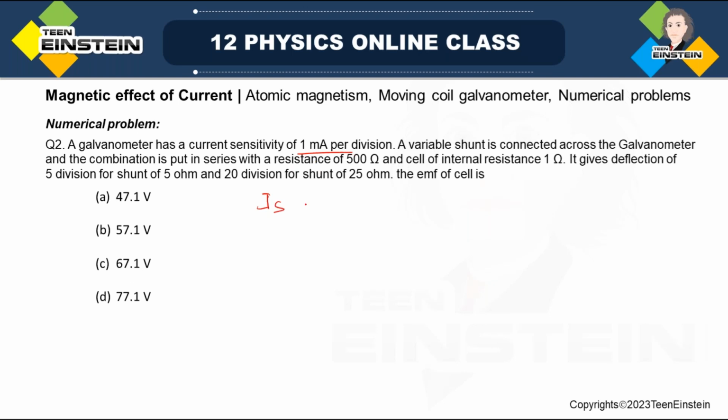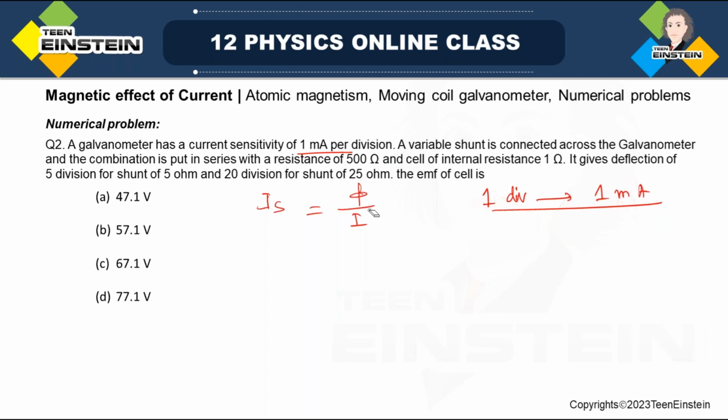Current sensitivity is written as deflection per unit current. So in this case, a galvanometer has a current sensitivity 1 milliampere per division. That means 1 division represents 1 milliampere current. Okay, it is given as this.